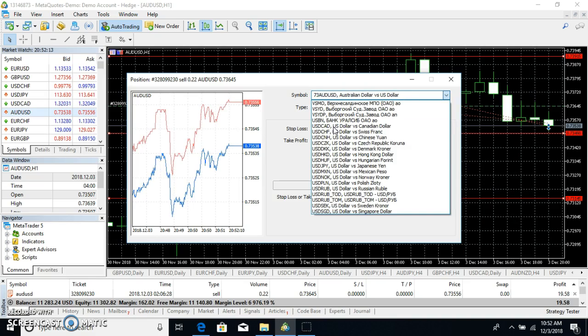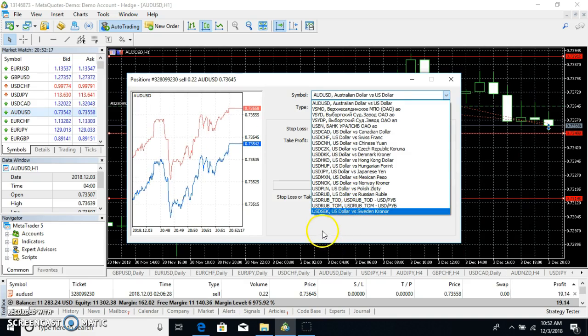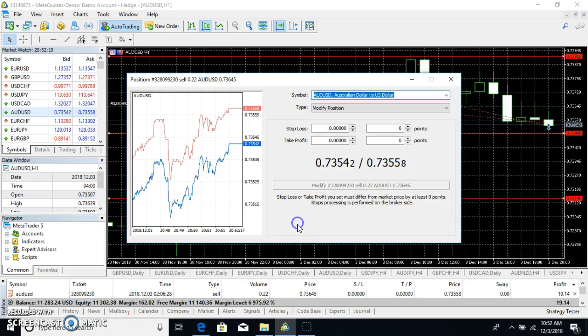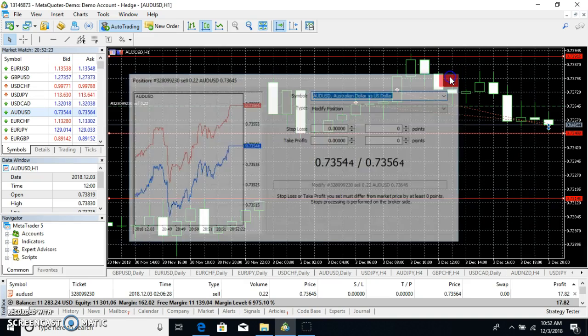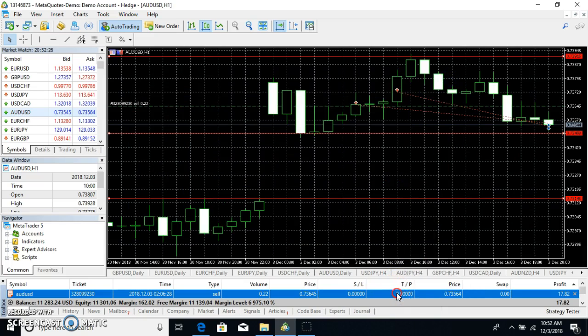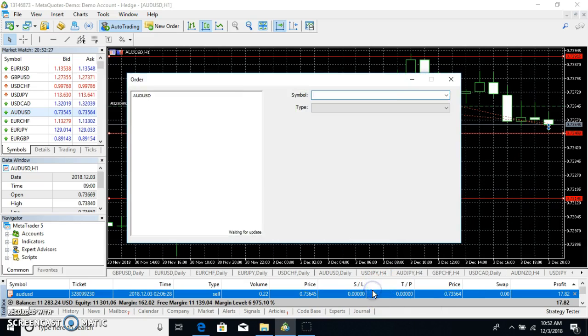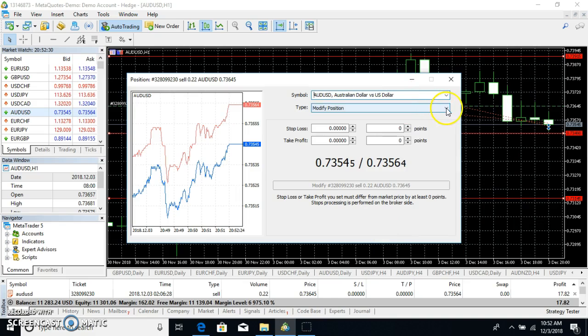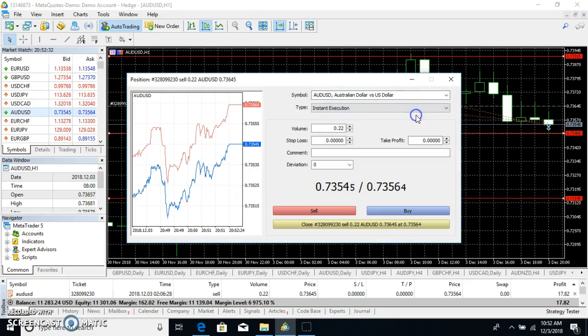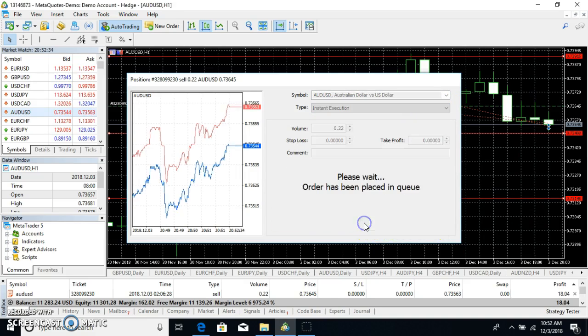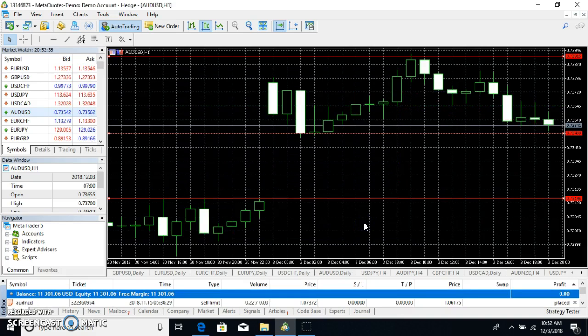I'll put in 73. Oops. I mean, I really want to close the trade altogether because I just don't think it's going to come down. I'm going to close it. I'm going to just close all the trades. So all the trades are closed.